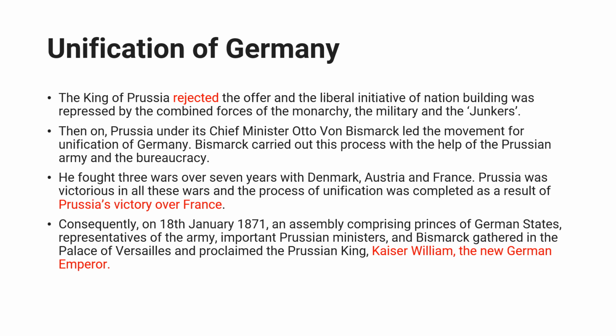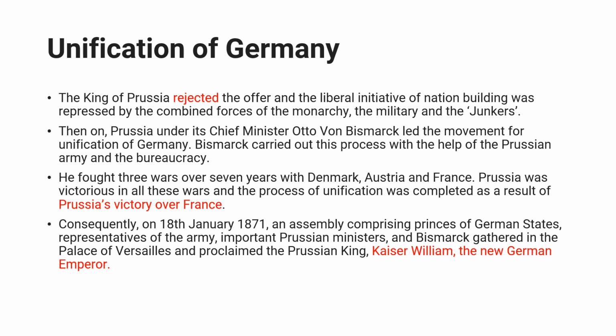Then Prussia, under its chief minister Otto von Bismarck, led the movement for the unification of Germany. Bismarck carried out this process with the help of the Prussian army and bureaucracy. He fought three wars over seven years with Denmark, Austria, and France. Prussia was victorious in all these wars, and the process of unification was completed as a result of Prussia's victory over France.